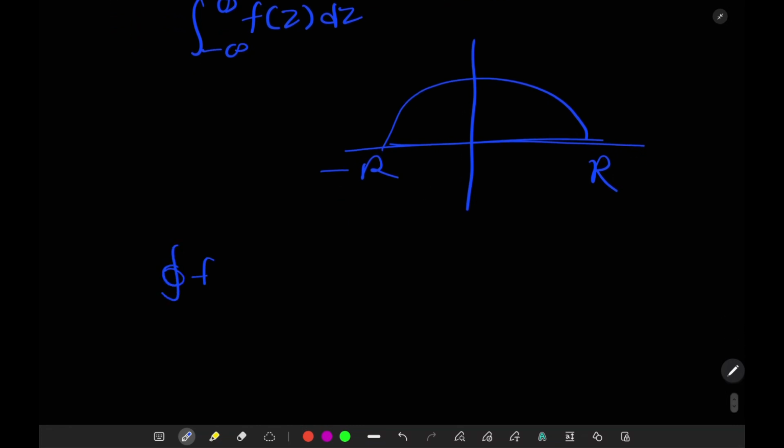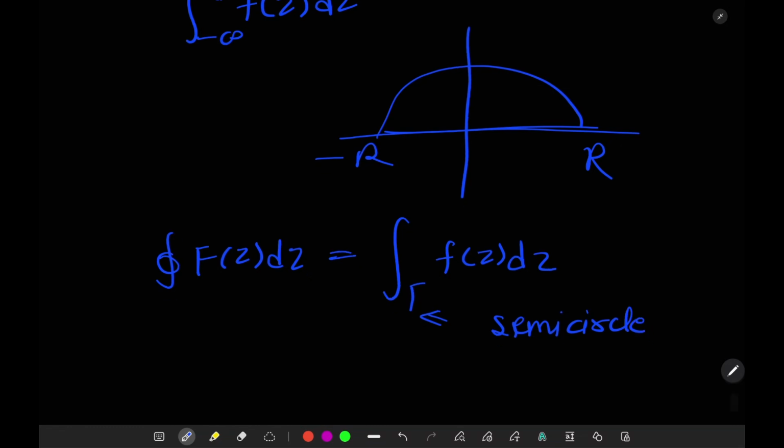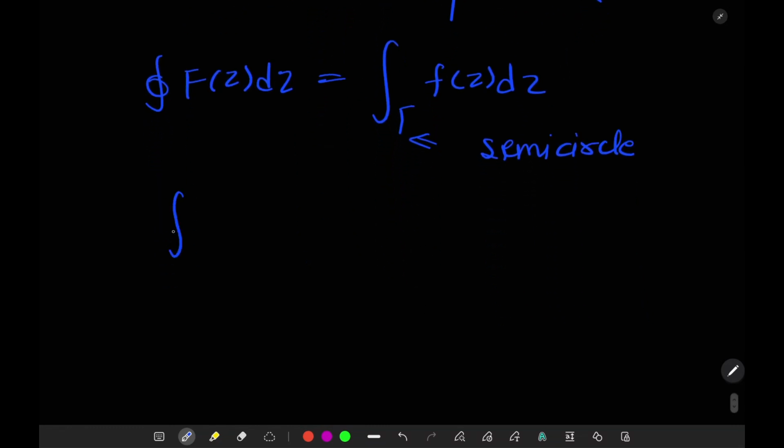Then integral f z dz equals to integral of semicircle f z dz. Here this symbol represents semicircle. Integral of semicircle f z dz tends to 0 as r tends to infinity.